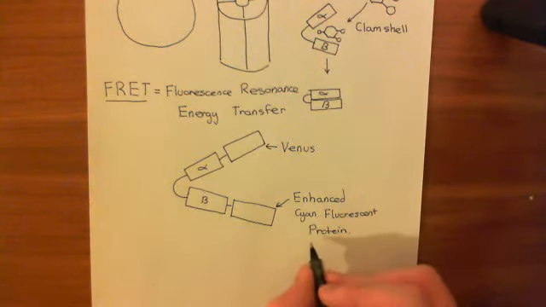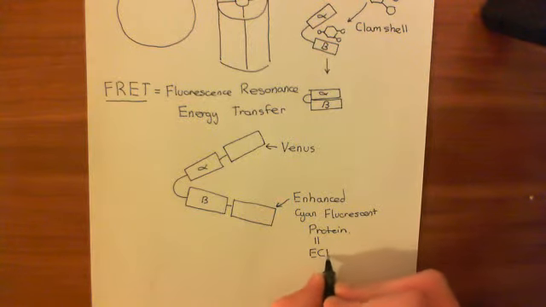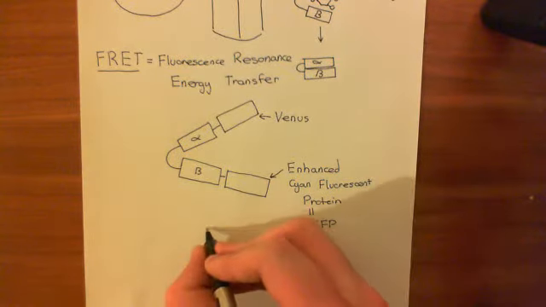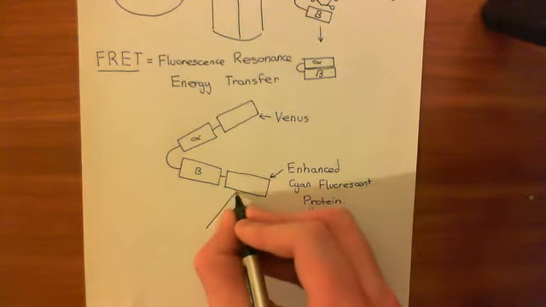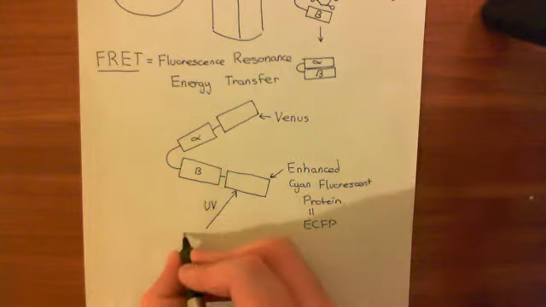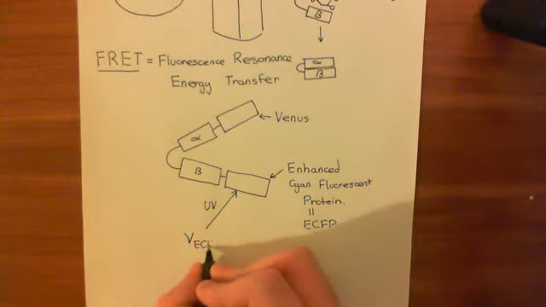Okay, so I'll abbreviate enhanced cyan fluorescence protein to ECFP. So, what is a fluorescence protein? Well, a fluorescence protein is a protein which, if you fire in photons of UV of a specific frequency, so there will be a specific frequency for enhanced cyan fluorescence protein.